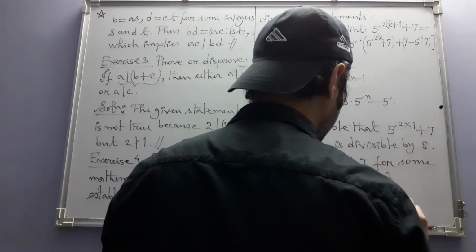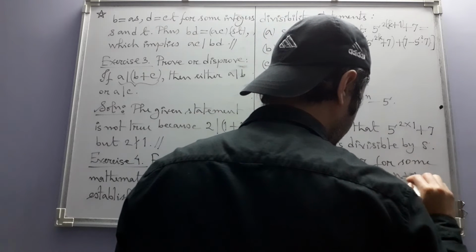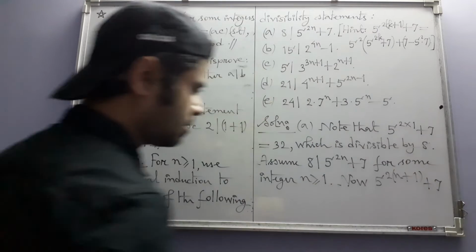So what happens when we take 5 to the power 2 times n plus 1 plus 7?